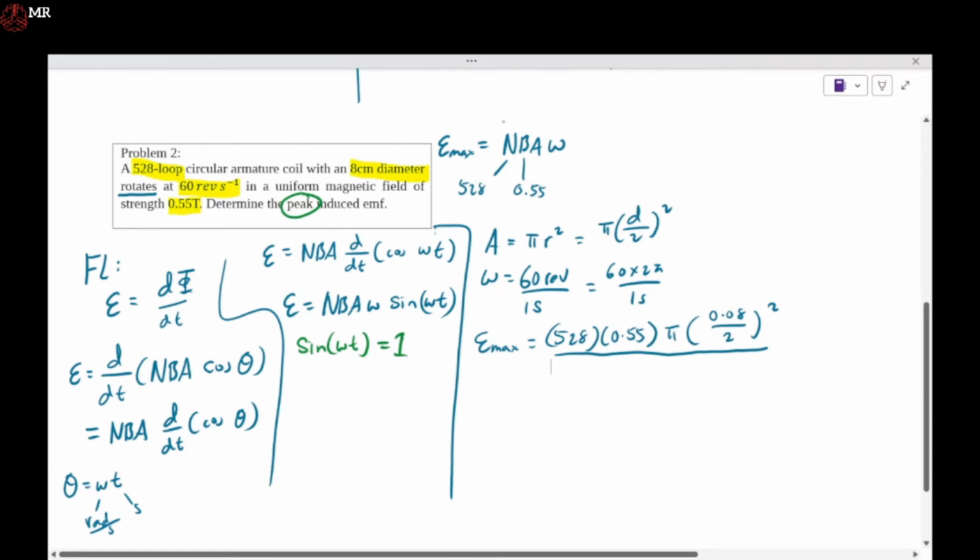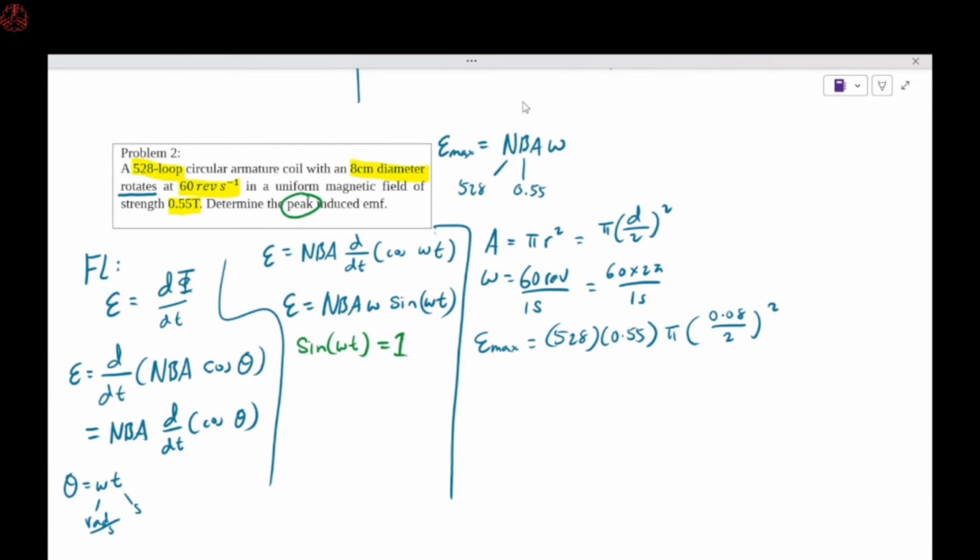Let me just recheck everything. I have N, I have B, I have A. Oh, I don't have omega. So I need omega. Omega is 60 times 2 pi over 1. That's just radians per second. So this is omega. It's best for us to always check that we've substituted those values, right?